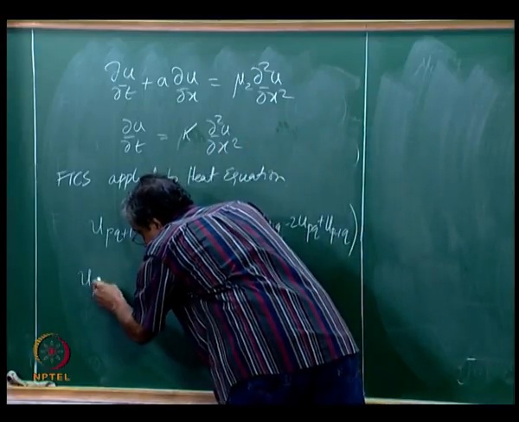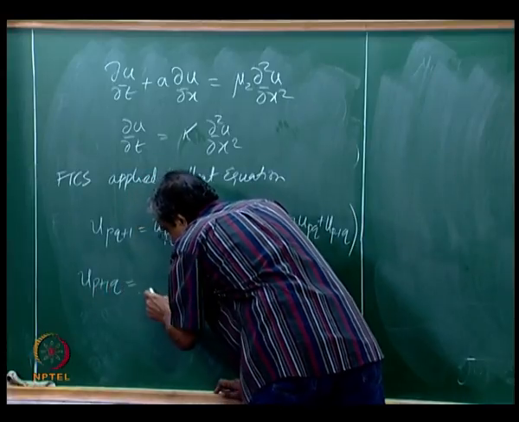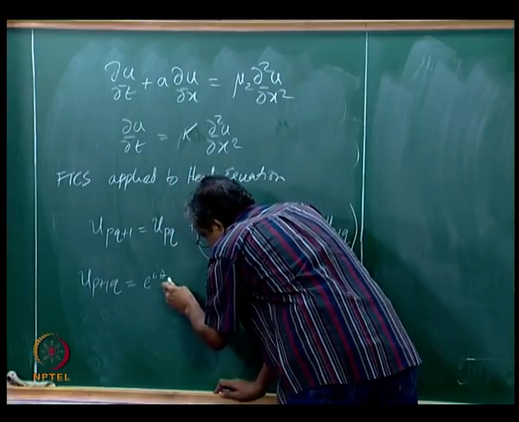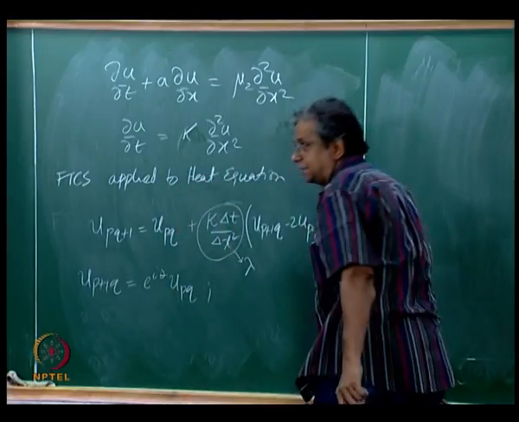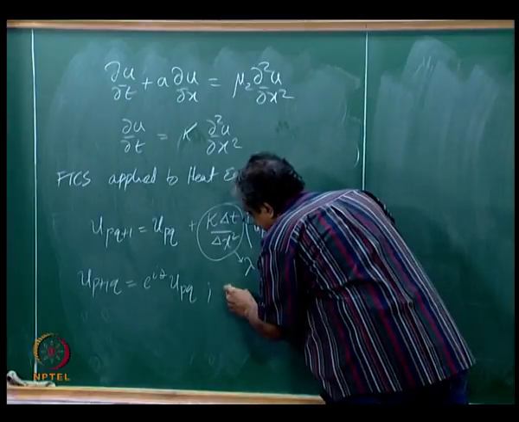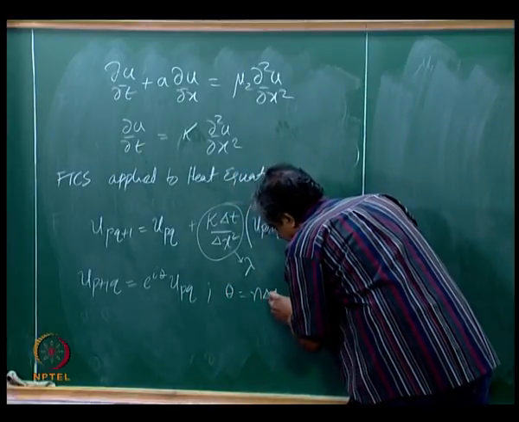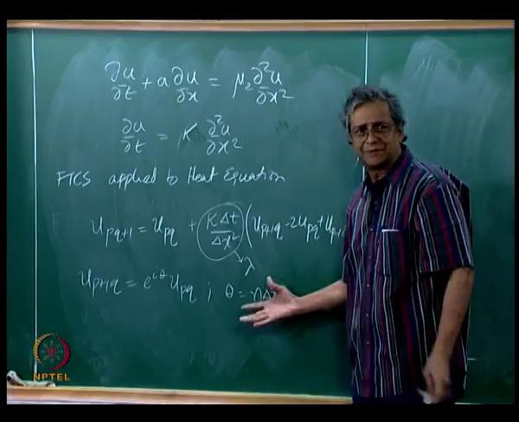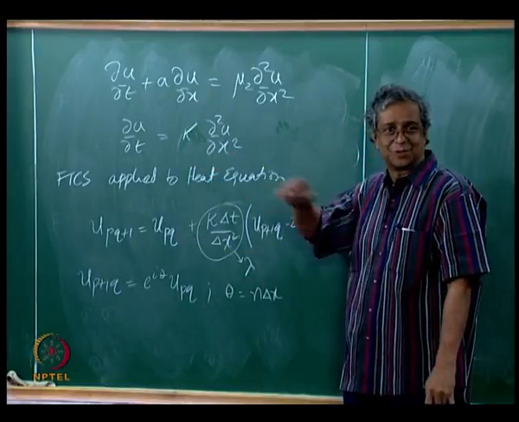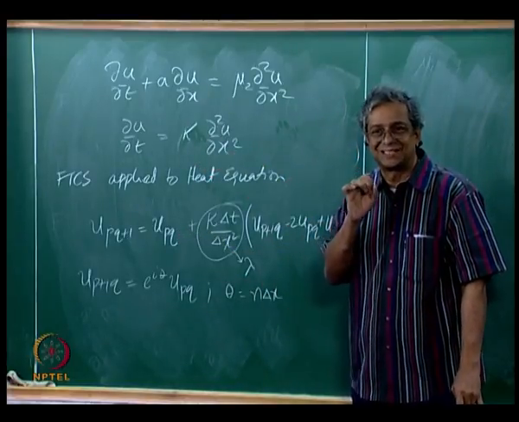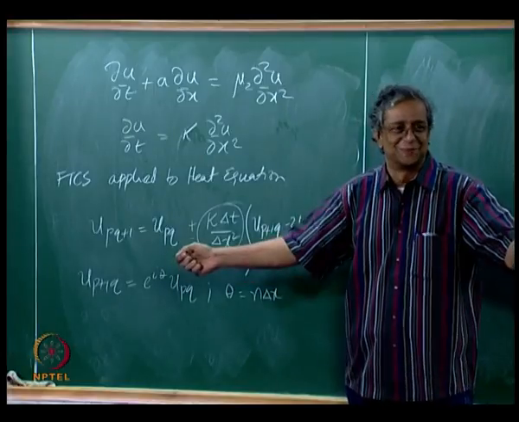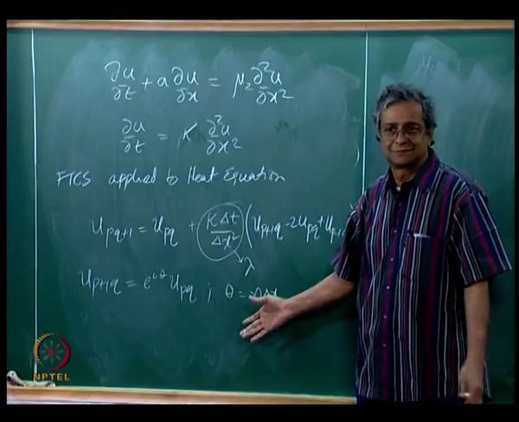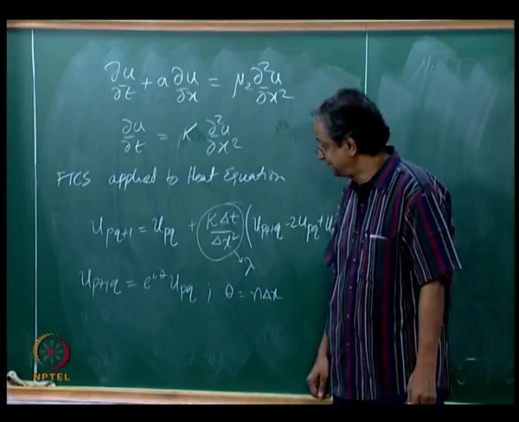So U(p+1, q) is e power I theta U(p, q), where theta was n delta x by L, or 2 pi n delta x, however we define our interval. See, I am not even bothered now. The fact that it is a local analysis is very clear. I am not even saying how large my domain is. It just shows up as theta, and the theta will appropriately vary.